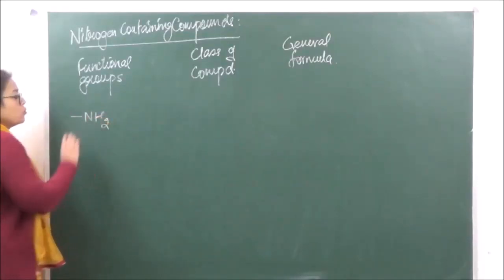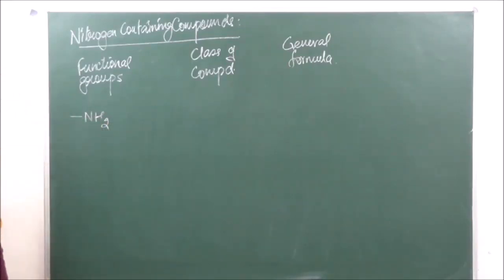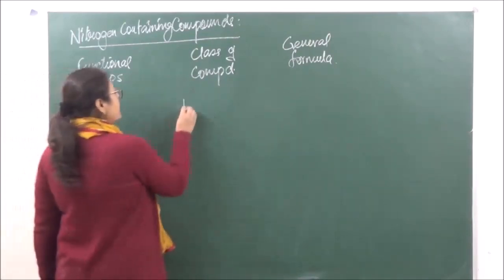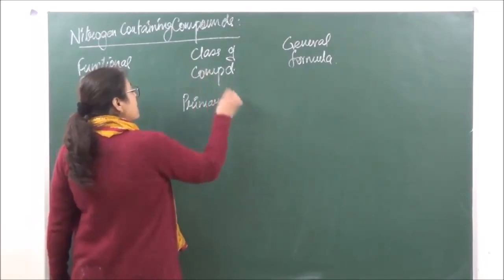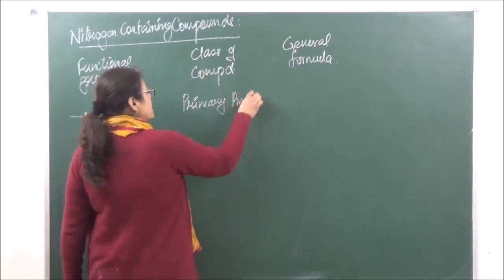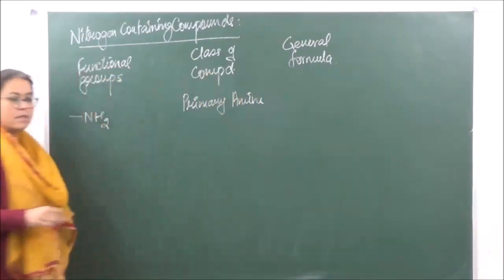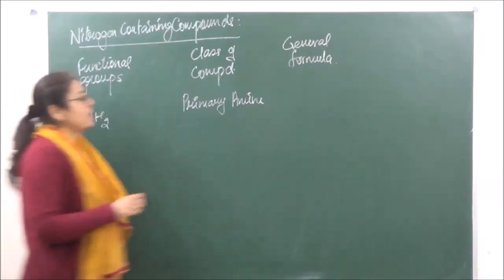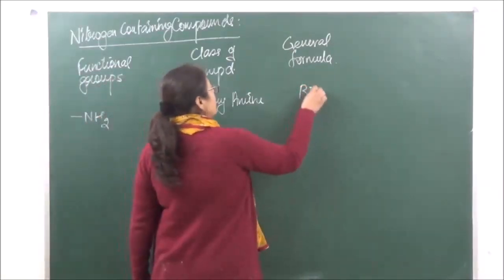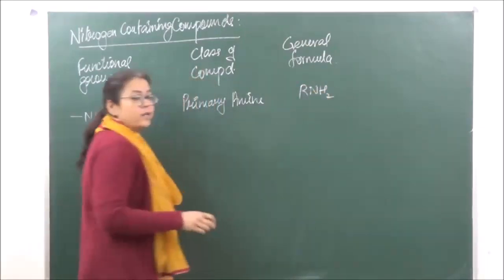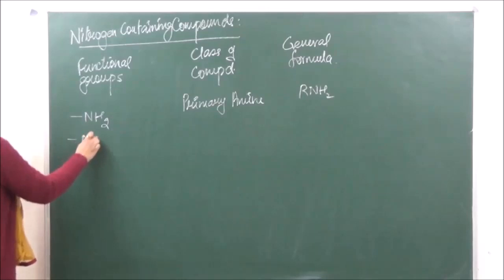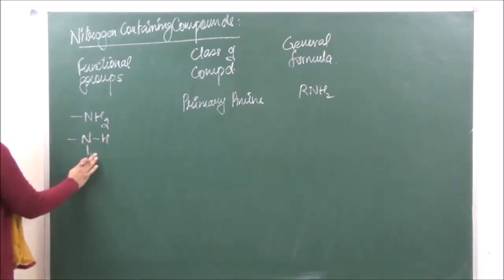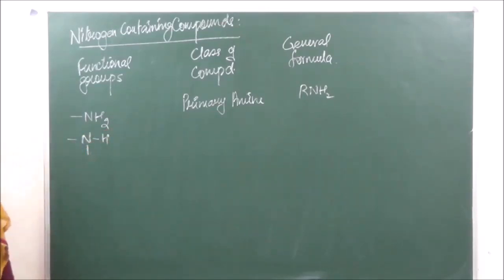In case of functional groups, the first group which we are going to do is the NH2 amino group. Now in this case, when the NH2 group is present, the compound is known as a primary amine, okay? And the general formula of this is going to be RNH2. The second which we are going to do over here is NH.